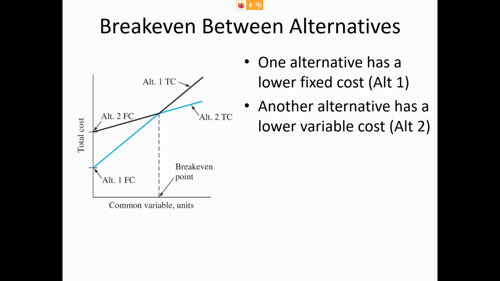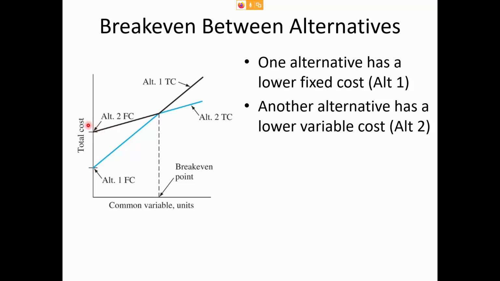One option has a higher fixed cost, and the intersection with this cost vertical axis represents the fixed costs, and how steep the slope of the line is represents the variable costs. This alternative 2 has a higher intersection point. So that means it has high fixed cost, but the line is flatter, which means its variable costs are lower.